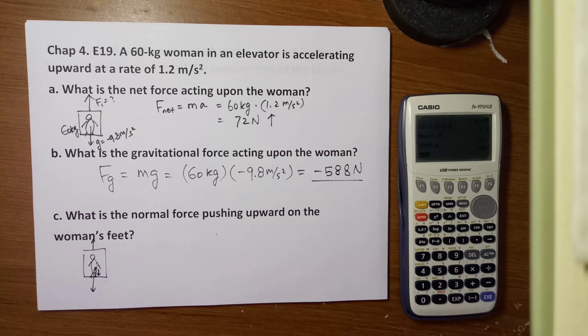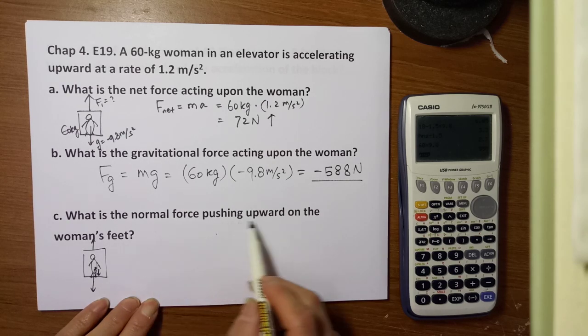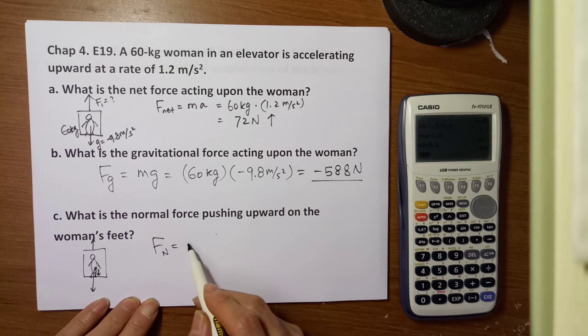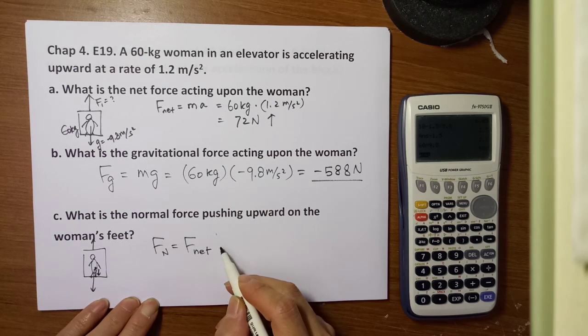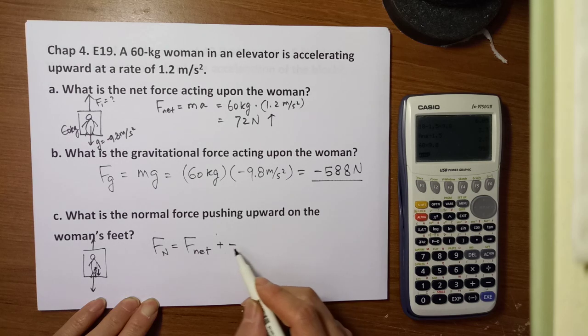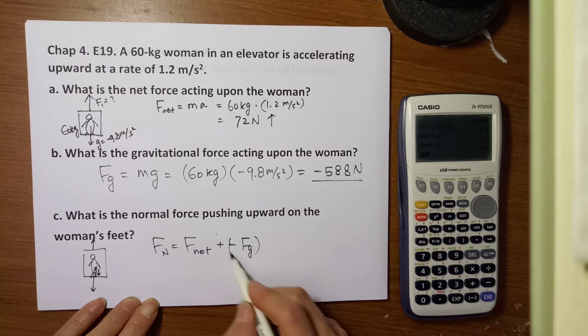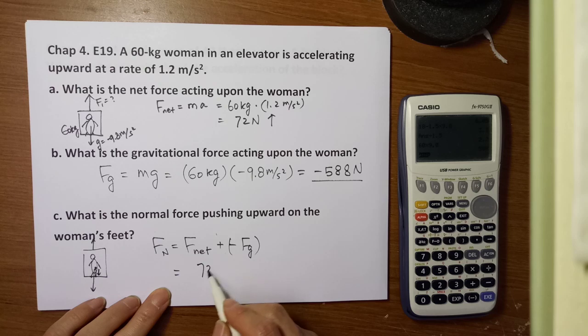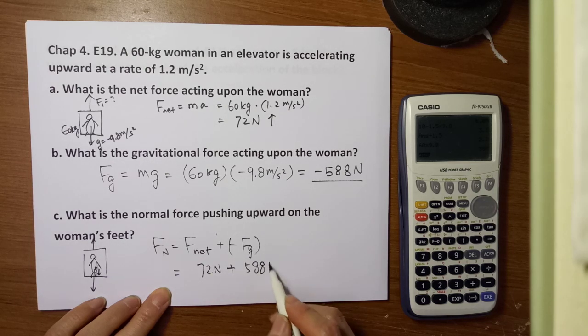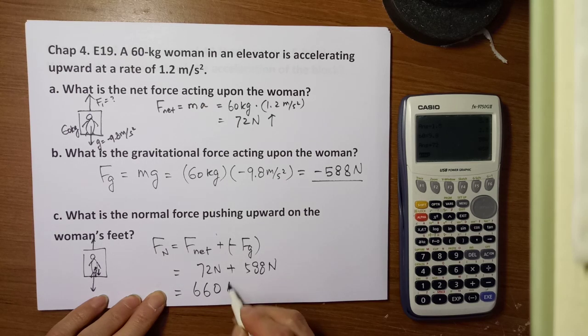So your F normal is supposed to be F net plus negative Fg. So 72 Newton plus 588 Newton, which becomes 660 Newton as the normal force.